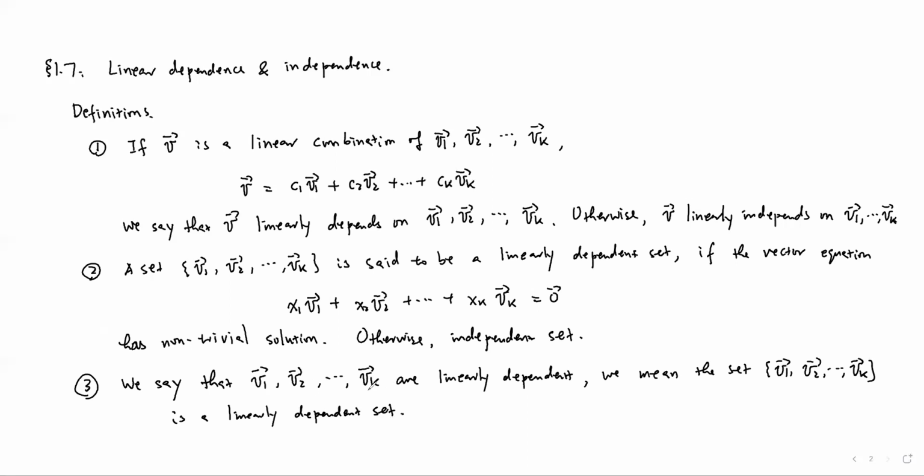Similarly, we say that these k vectors are linearly independent. What does it mean? The corresponding set is a linearly independent set. Okay, definitions.